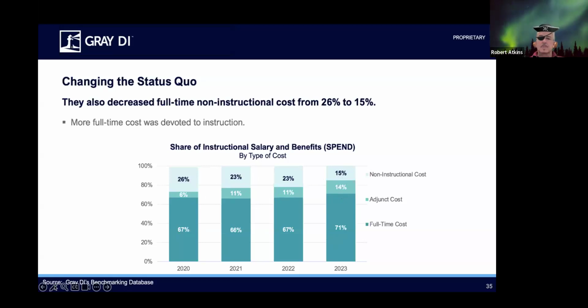So one of the things I want you to keep in mind when you're thinking about reducing cost is, what is your lowest cost instructor? Is it an adjunct? Is it a contract faculty member? Is it a tenured faculty member? The answer is, of course, a trick.